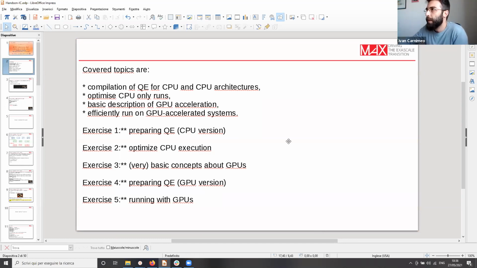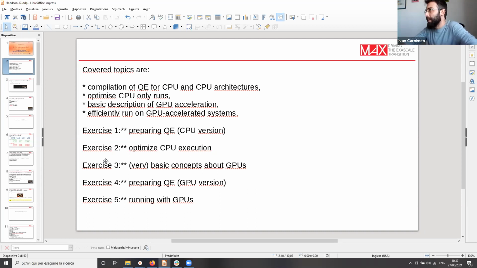The covered topics are basically 5 exercises. The first one is preparing Quantum Espresso CPU version, so you compile Quantum Espresso using different libraries, the libraries that Pietro explained to us before. Exercise 2 is how to use Quantum Espresso on HPC architectures without GPUs.